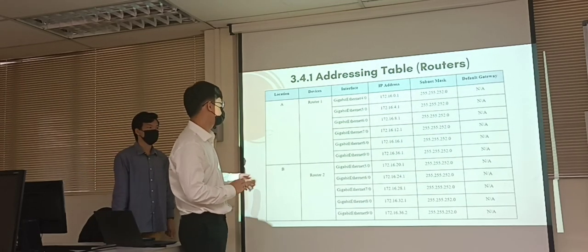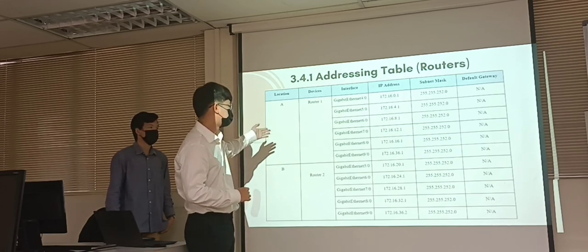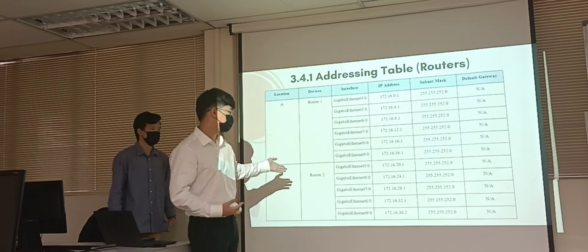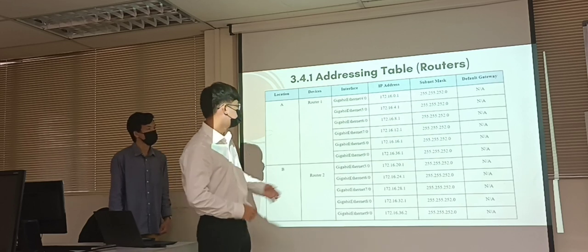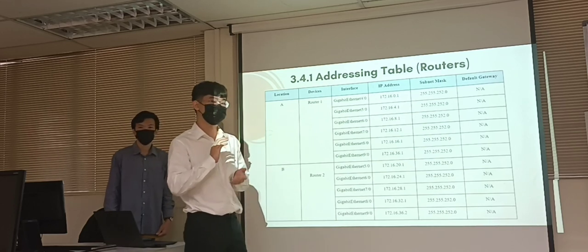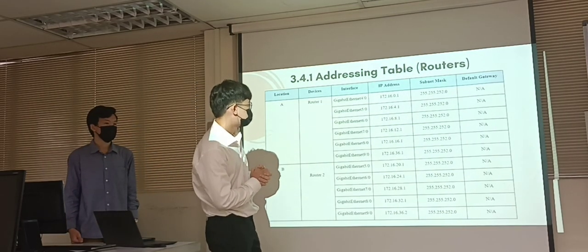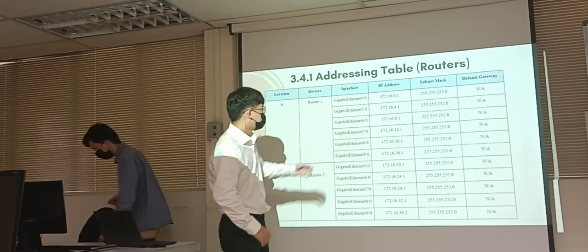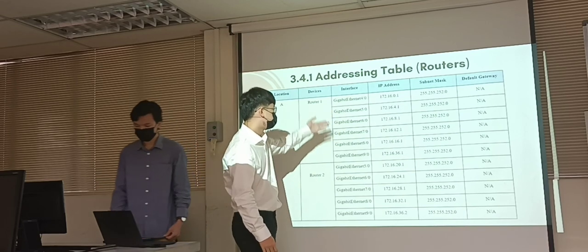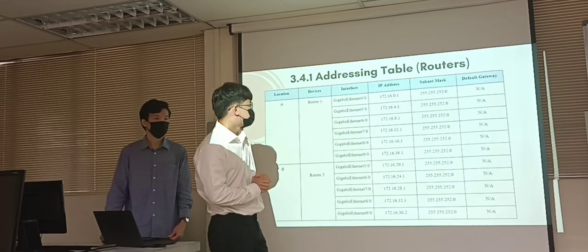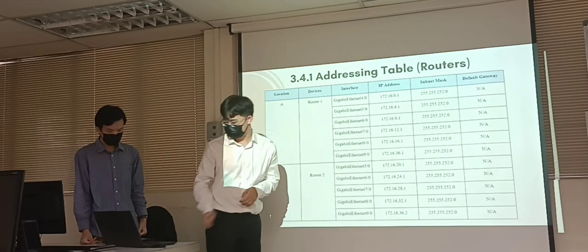For the first router, we connect the switch of location A, and for the second router, we connect the switch for location B. We connect the router and switch by using gigabit Ethernet, and the IP will be 172.16.0.1, and the following will be continued. The subnet mask will be all the same, and the default gateway for the router will be not applicable.